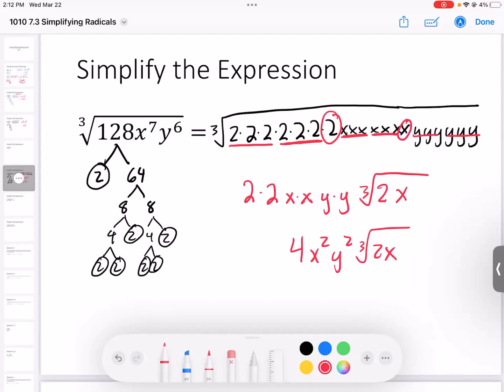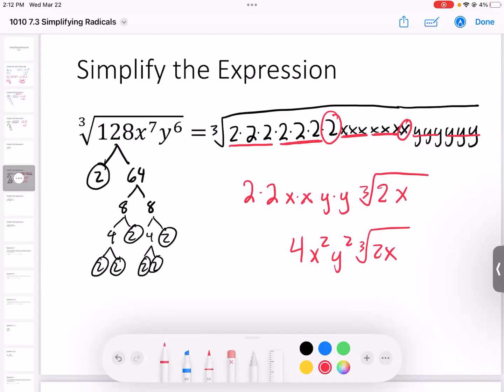But then this triple of 2's will give you another 2. Is that what you're asking? Yeah. And same thing with the x's and the y's. But like this 2, because you had 7 2's and you can only make 2 groups of 3, you have this leftover 2 that stays inside of here. Yeah, good question. Any other questions?